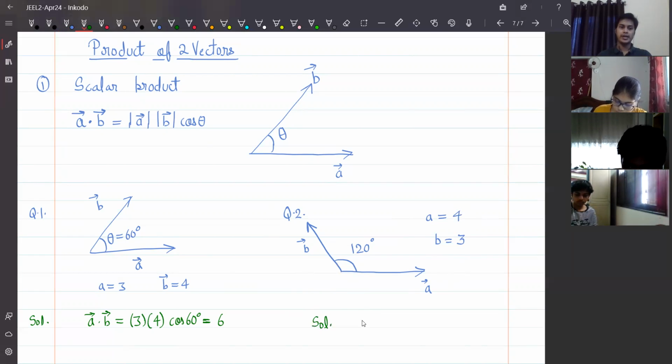In the question number 2, find A dot B. Scalar value can be positive or negative.